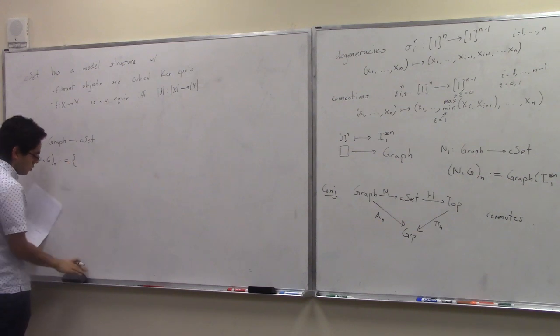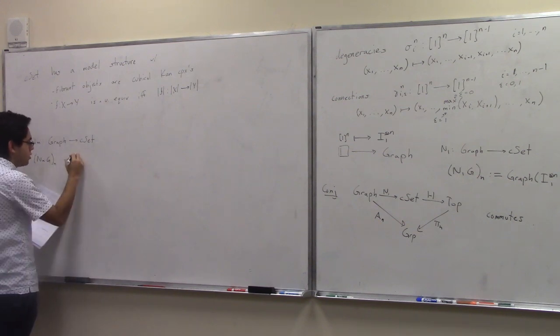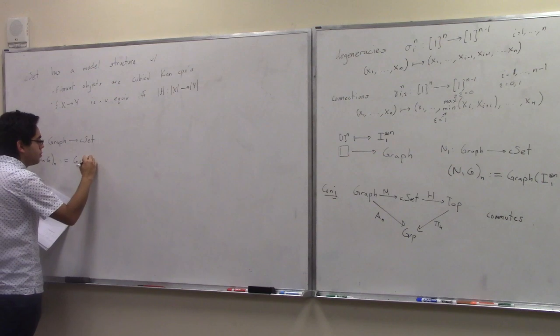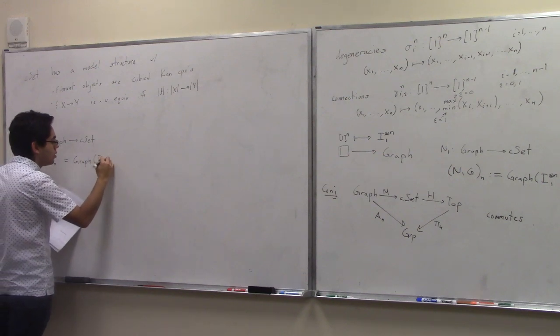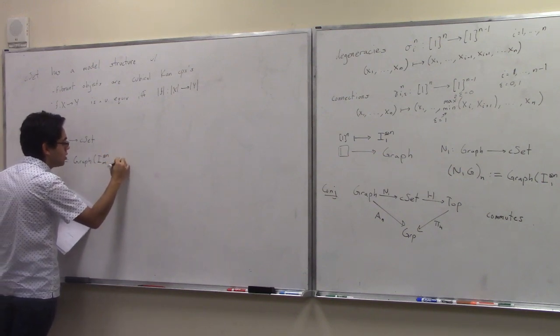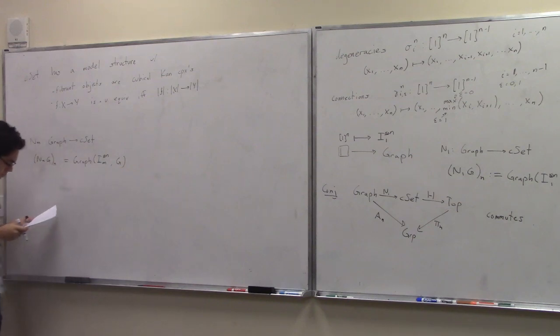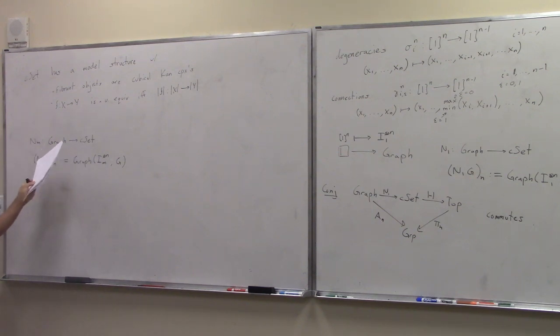Right, they're going to be just maps from Im to the tensor power of n into G. And so now I have a bunch of functors from graphs to cubical sets.